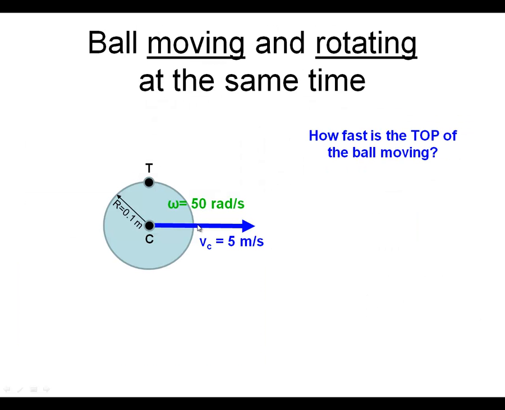Okay, so now let's combine these together. There's a wheel, and the center of the wheel is moving at 5 meters per second. But the wheel is also rotating at 50 radians per second. So the question might be, how fast is the top of this ball moving?